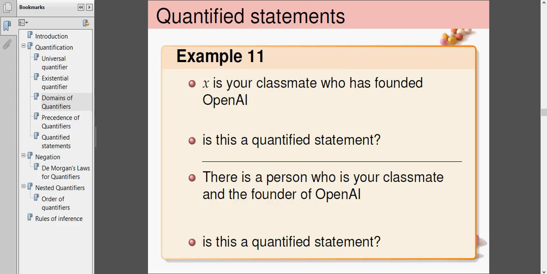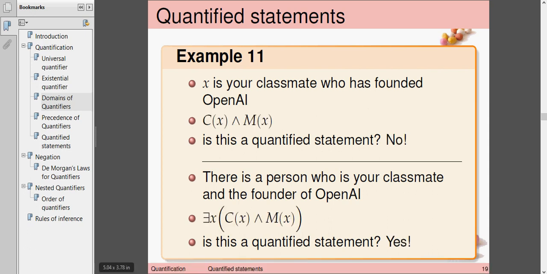If X is your classmate who has founded OpenAI, is this a quantified statement? There is a person who is your classmate and the founder of OpenAI. Is this one a quantified statement? Look here, there is a person. That means there exists.